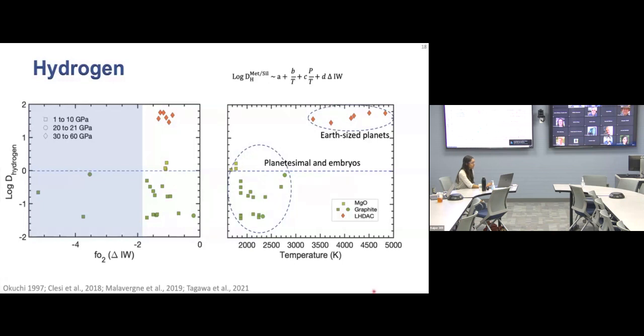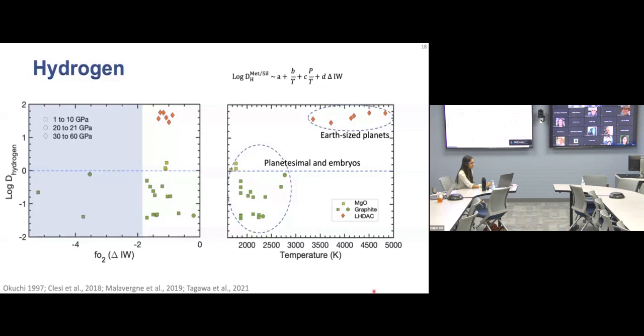But there's not a lot of hydrogen data even at these lower pressure temperature conditions, and I think in general it would be good to have more hydrogen data to model not just smaller planets, but also Earth-sized planets. Recent work has shown that the Earth could have had a very hydrogen-rich atmosphere.